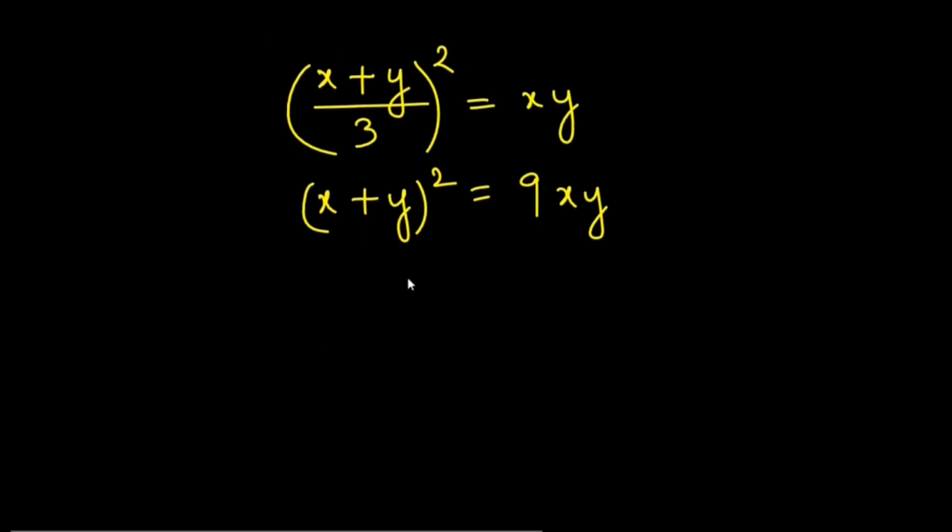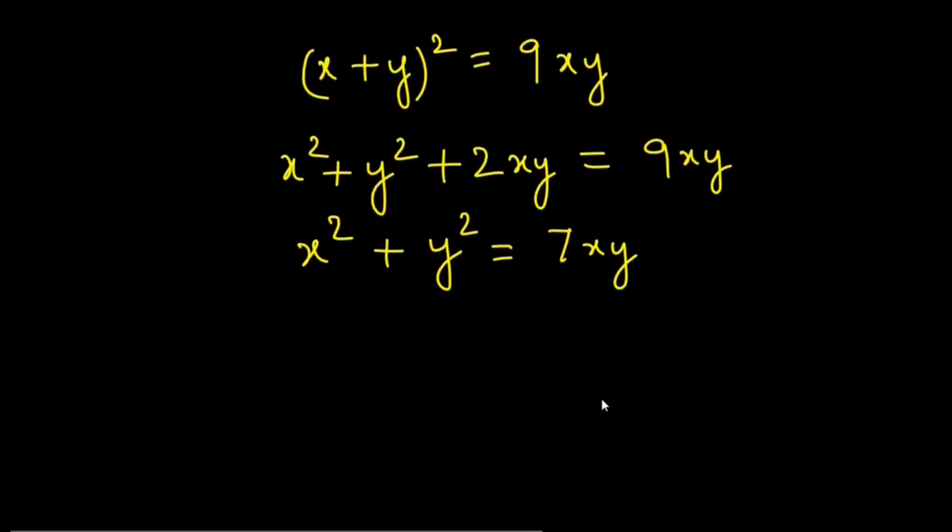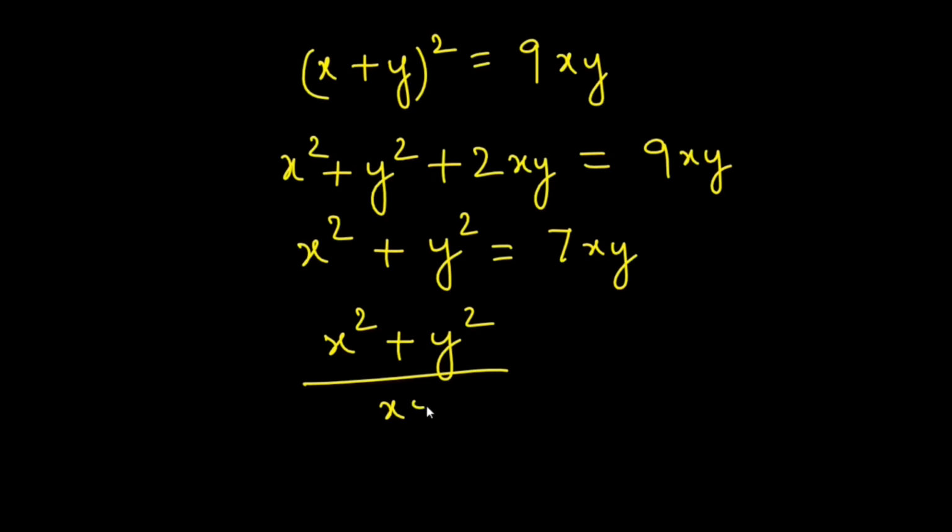Expanding (x plus y) whole square, we get x square plus y square plus 2xy is equal to 9xy. Now x square plus y square is equal to 7xy. So here we got a relation: x square plus y square by xy is equal to 7.